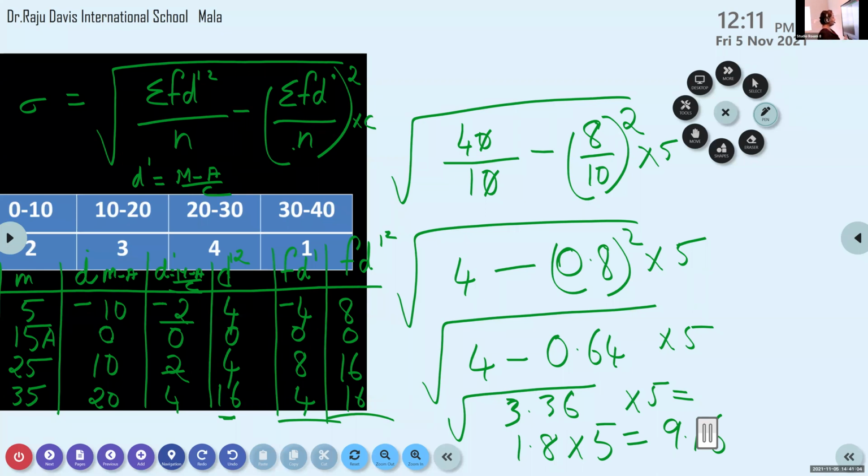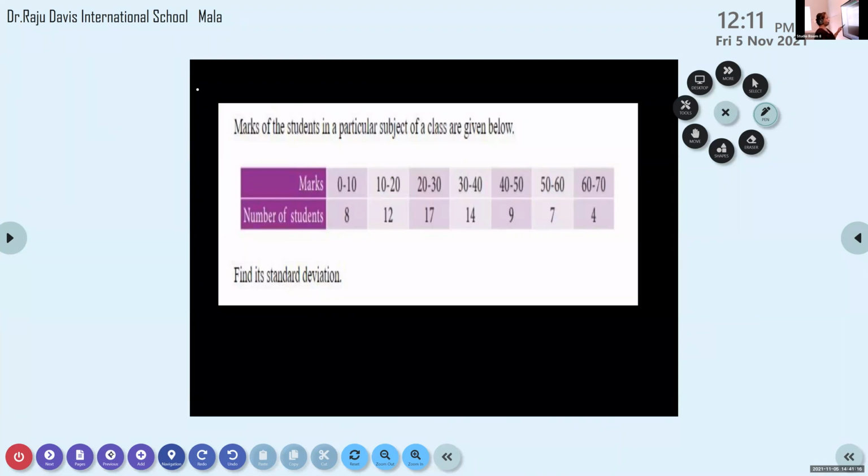Okay, the same way we have done here, you have to do the next also. I'm giving you the question, the same question which we did for finding the standard deviation through assumed mean method. Now use the step deviation method for finding this.